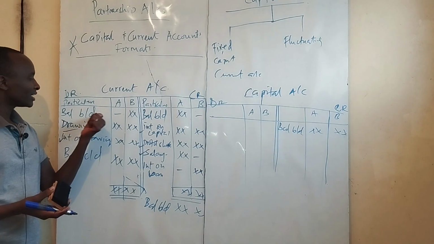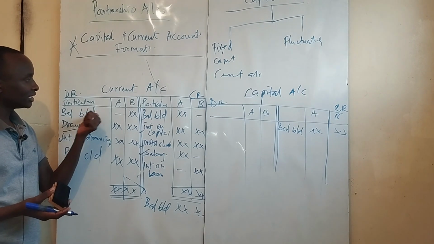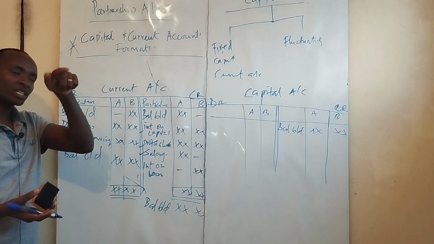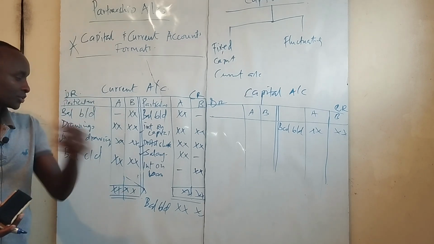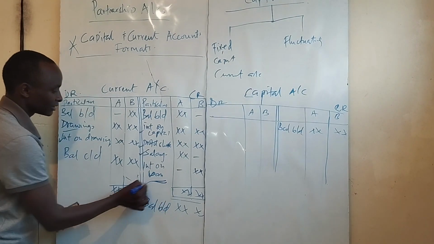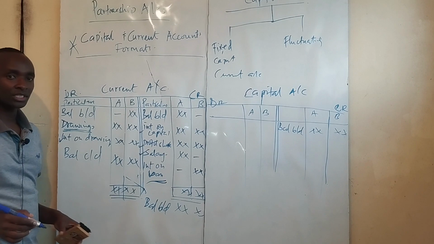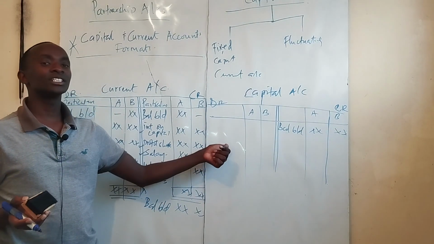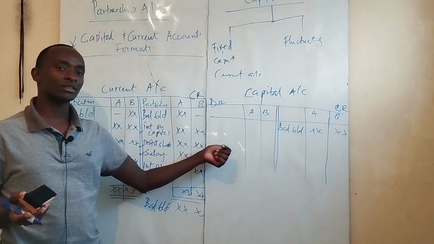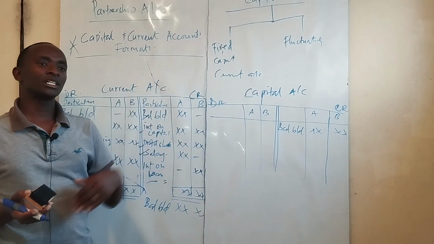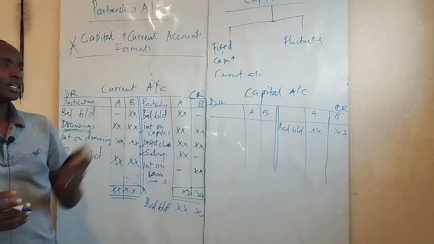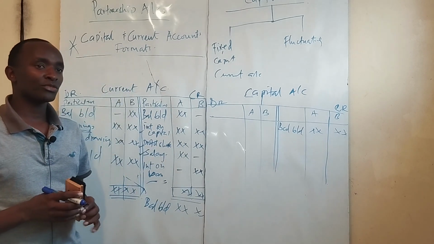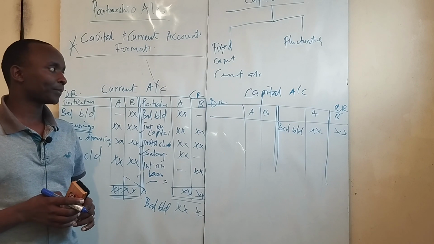So what we've added here in the current account, and it is not in the profit and loss appropriation account, are only two: the interest on loan and the drawings. And I told you the reason why the interest on loan will not be found in the profit and loss appropriation account, right? You just deduct it as a normal expense in the income statement before arriving at the net profit.